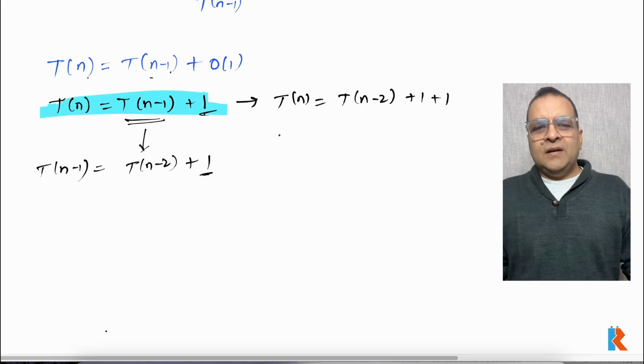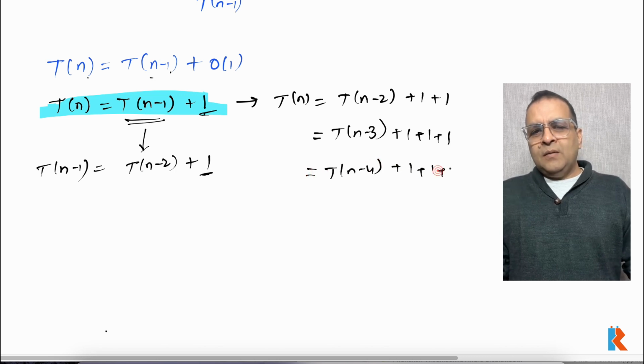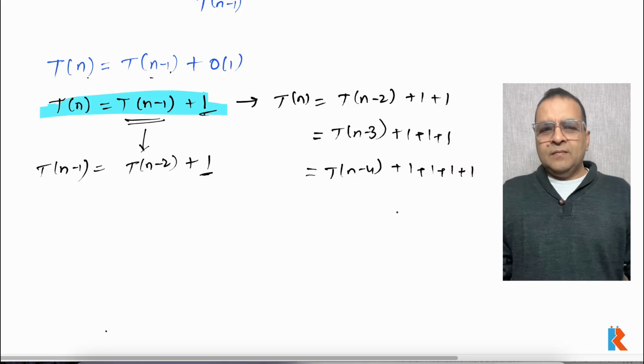If you extend it further, this is equal to T of n minus 3 plus 1 plus 1 plus 1, so 3. Similarly, this is also equal to T of n minus 4 plus 1 plus 1 plus 1 plus 1, 4 times.